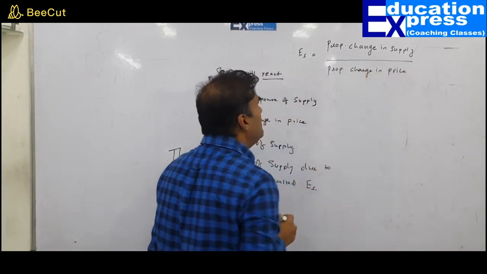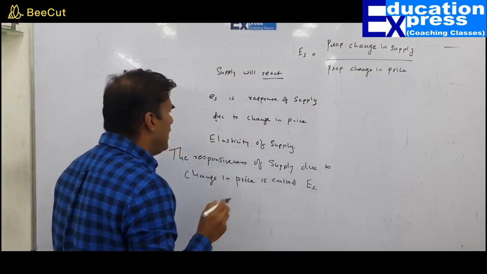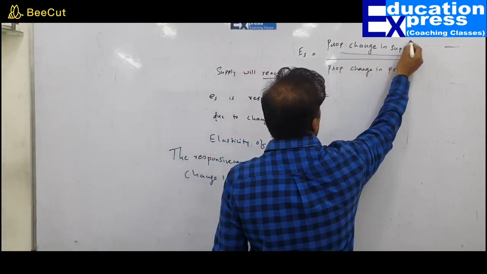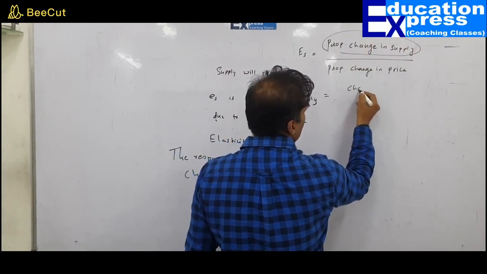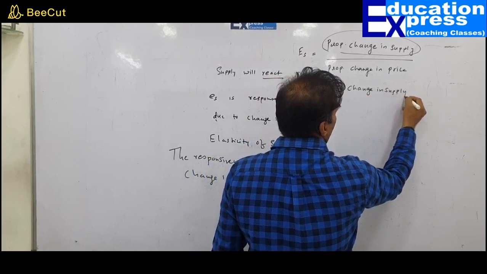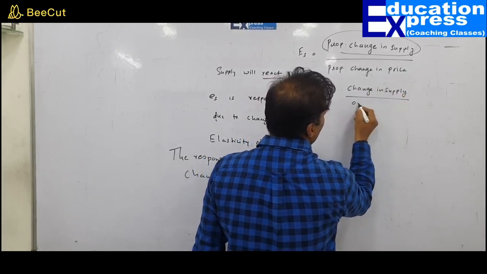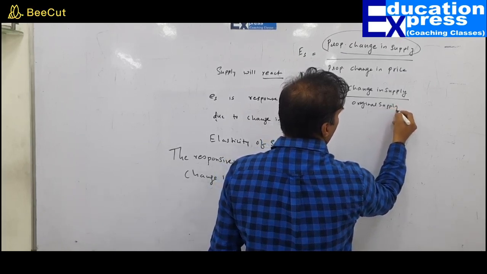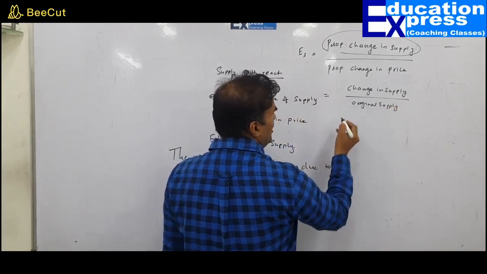So, what do you mean by proportionate change in supply? So, the answer is proportionate change in supply means change in supply with respect to original supply. Oh, I got it. What about proportionate change in price?